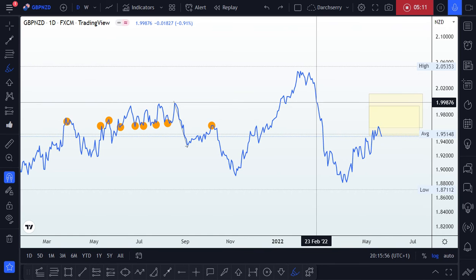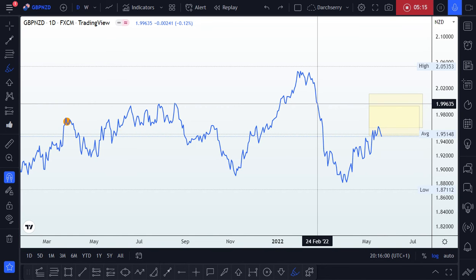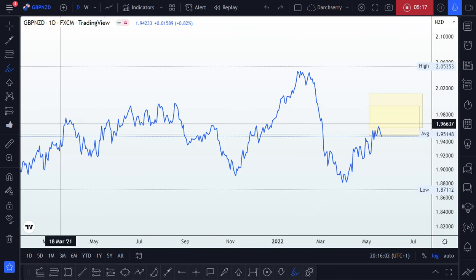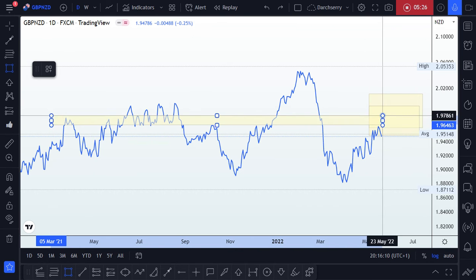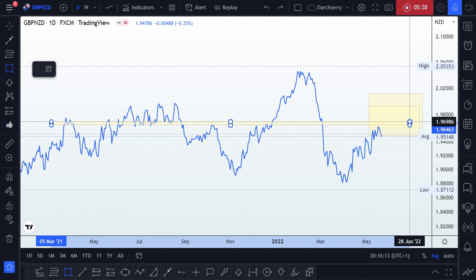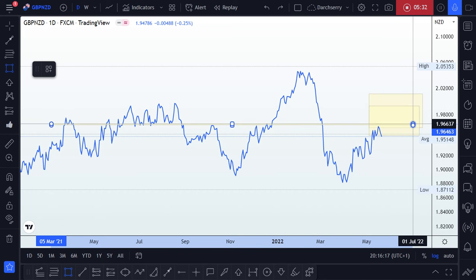So with this information gathered at this point in time, it is pertinent that we draw out a key level that we will use to guide our action going forward. So we will definitely be having something like this around this area. That's around 1.96700, I guess.